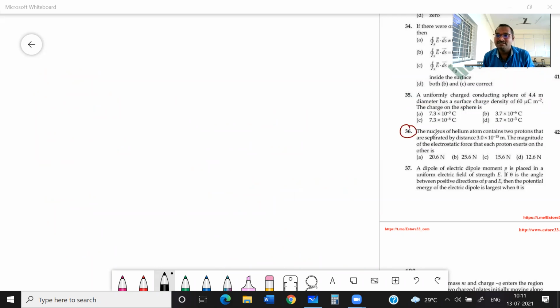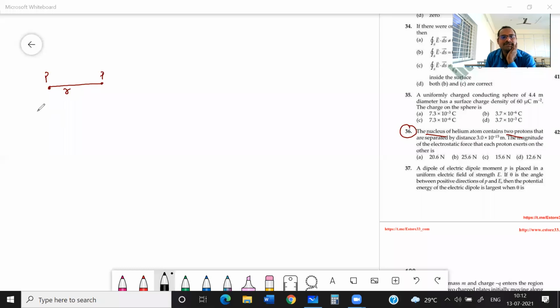They have given that the nucleus of a helium atom contains two protons that are separated by a distance of 3 into 10 to the power of minus 15 meters. The magnitude of the electrostatic force that each proton exerts on the other in the helium nucleus is asked. It contains two protons: here one proton is there and here one more proton is there.